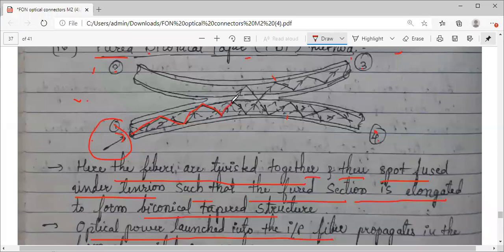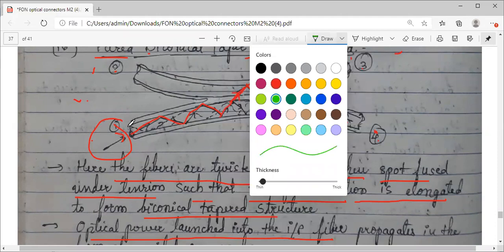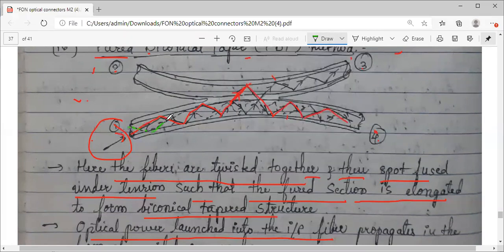It will behave like this: the higher order modes will enter the cladding region. They'll simply get out of the core here, and after that, again, they'll come back. This is one ray I'm showing you. Likewise, you can have many rays. Second, there are dotted lines, you can see, this is one more mode which is propagating.